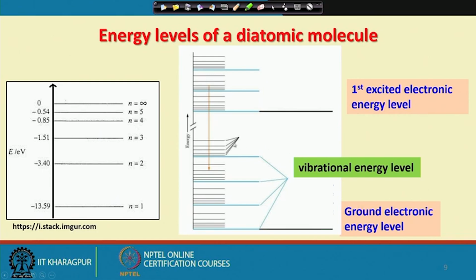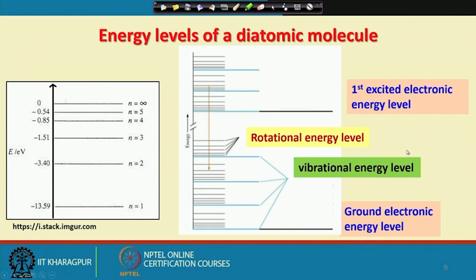Okay. Now, if I look at what happens with each vibrational energy level, as you see over here very clearly, corresponding to each vibrational energy level, there are other energy levels associated which have a much lower difference in energy, and these are nothing but the rotational energy levels.